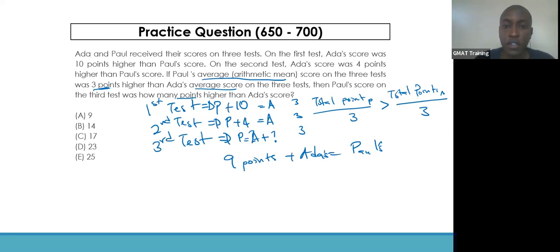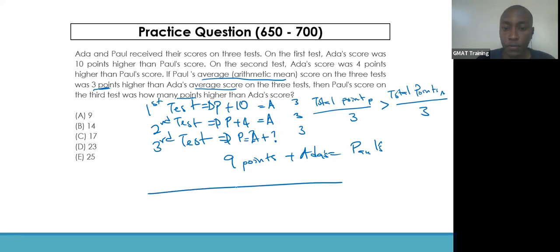So the first test, Ada plus 3, second test, Ada plus 3, third test, Ada plus 3. But in real terms, Ada actually scored better in the first test and the second test. So we need 9 points, and Ada's points were 14 points greater.